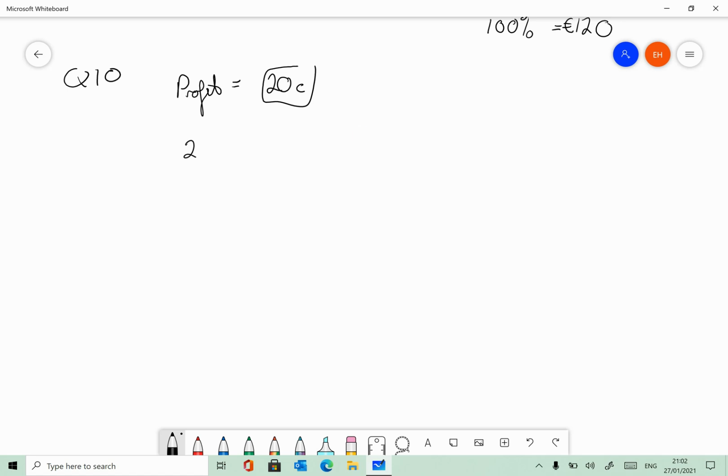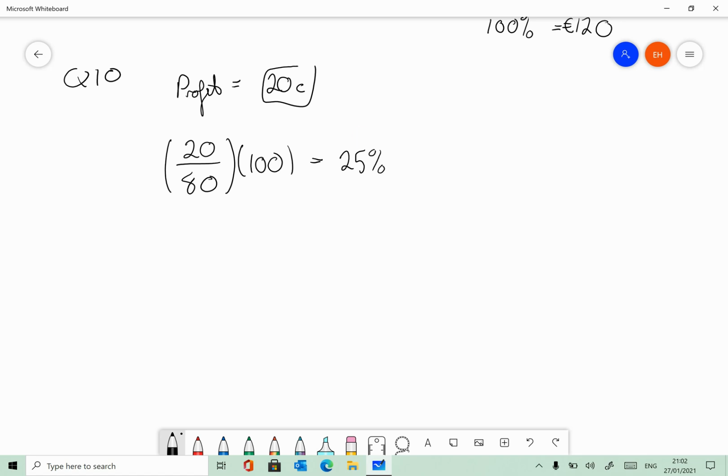So we write it as a fraction first of all. So it's 20 over 80, that's the fraction. And to turn that fraction into a percentage, we multiply it by 100. So that's going to give us 25%. 20 divided by 80 multiplied by 100 equals 25. So the answer is 25%.